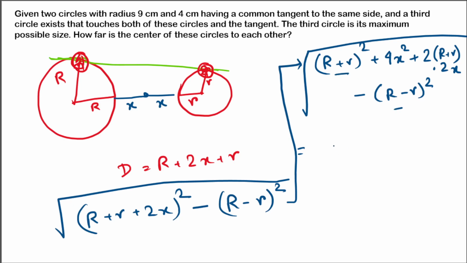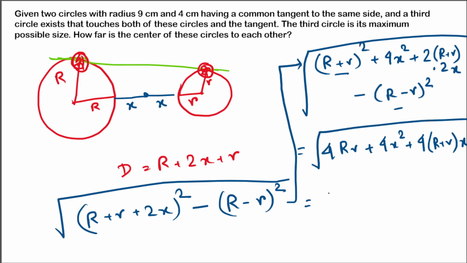First of all, these two will turn out to be 4rr, and we have 4x square here, and we have 4 times R plus R x, right. Till here we have, now the under root is obviously there, so we will take 2 outside first. All these terms have 4 in common, so we take 2 outside, and this is R plus x square plus Rx plus Rx, right.